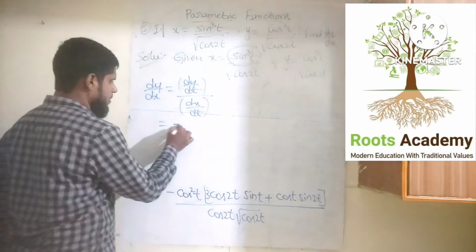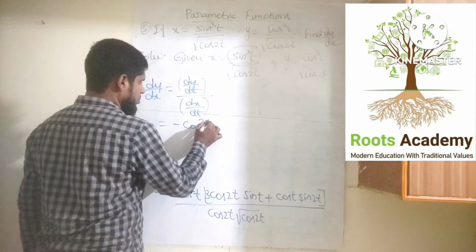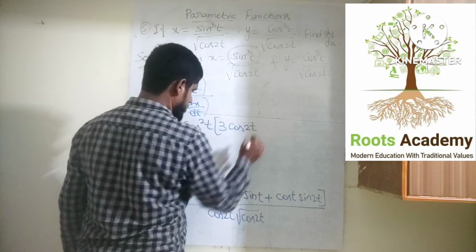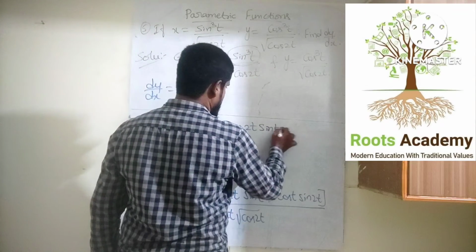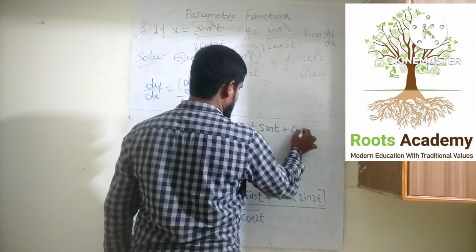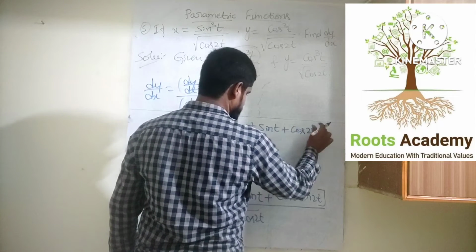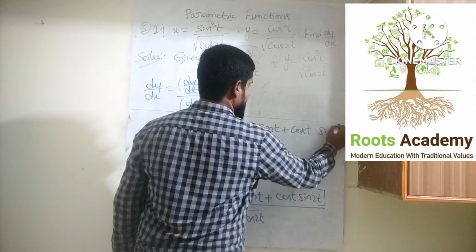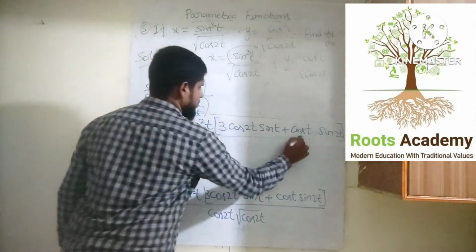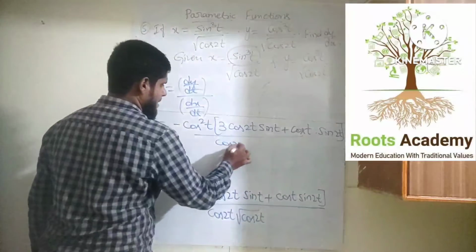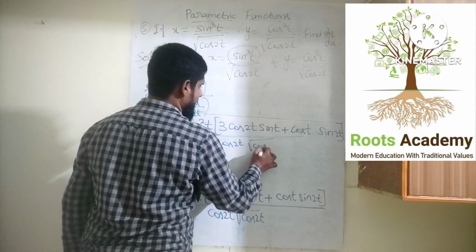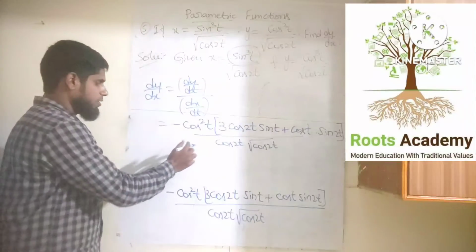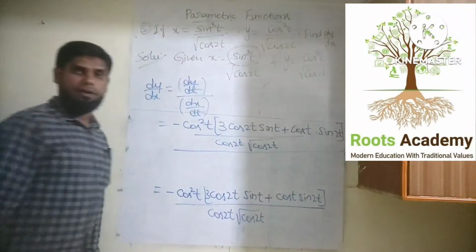It already exists here. Minus cos square t into 3 cos 2t into sin t plus cos t into sin 2t, whole divided by cos 2t into root cos 2t. This is just dy by dt, whole divided by the dx by dt value.